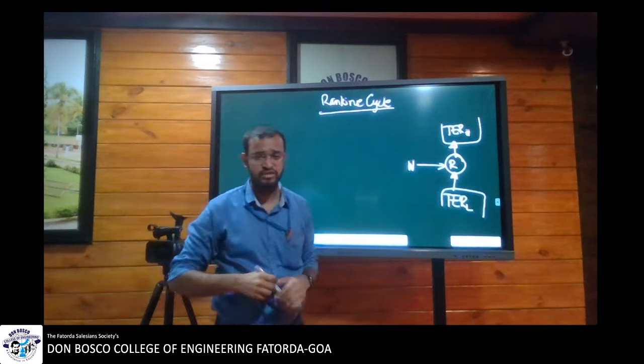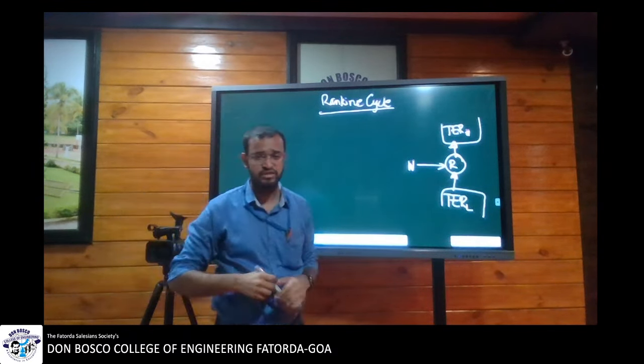All right. So what is a Rankine cycle? Rankine cycle is a power generation cycle. It's primarily used in power generation systems. So in thermal power plants, nuclear power plants, and some solar power plants, you're using the Rankine cycle. And what are the four major components of a Rankine cycle?